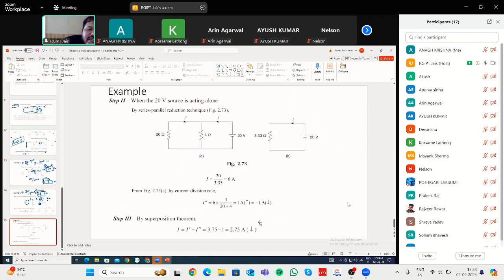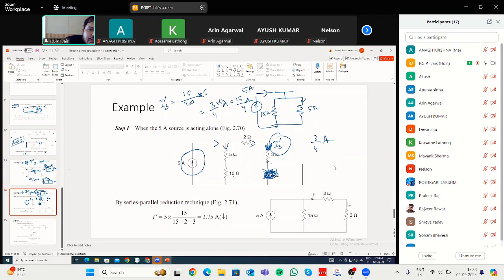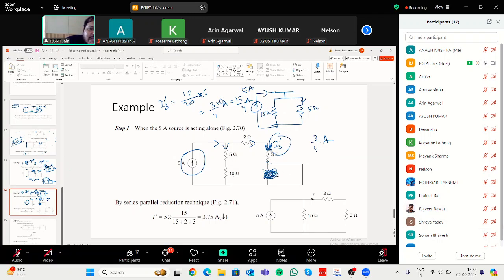You have to see the direction also. Due to this current source, the current flowing through this 3 ohm resistance was in the downward direction, from top to bottom, and the value was 3.75.